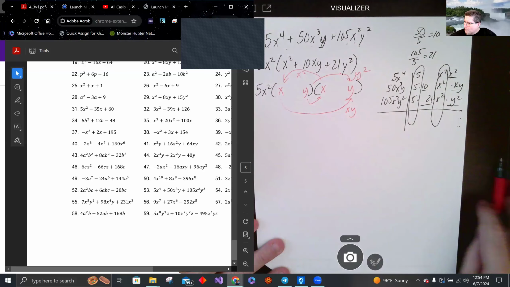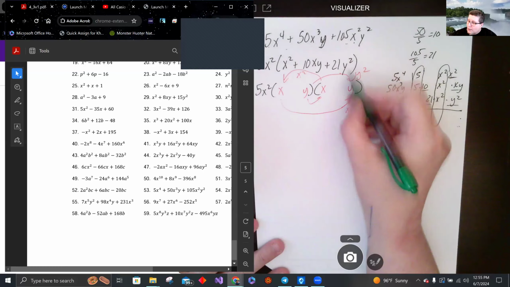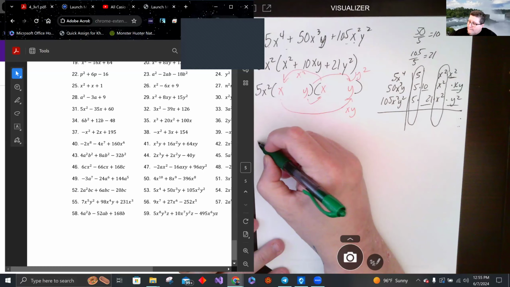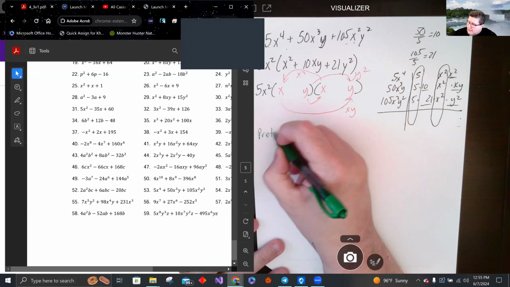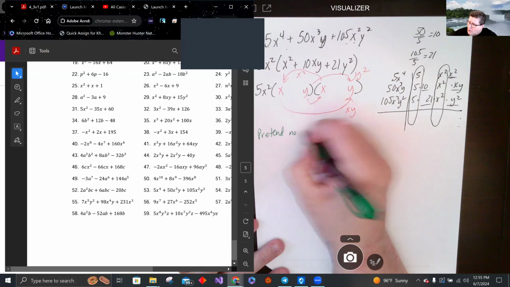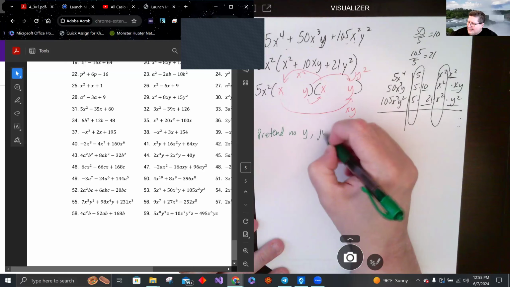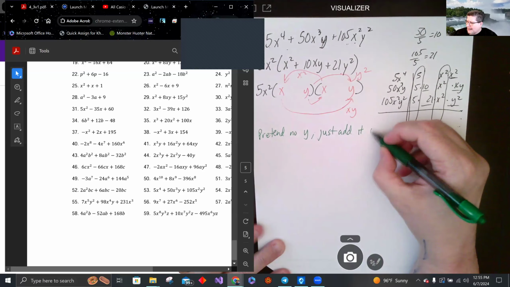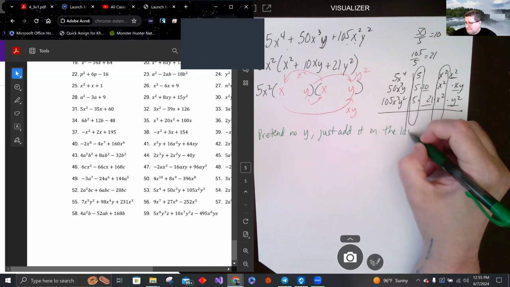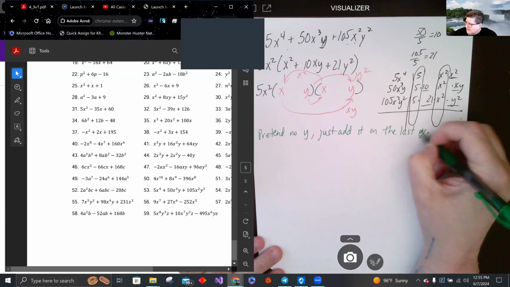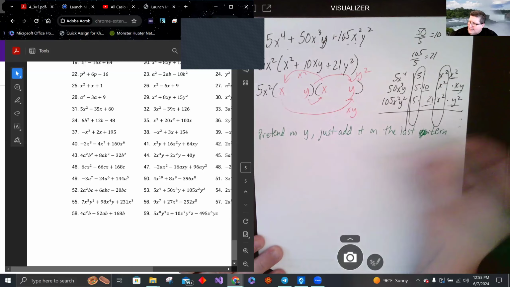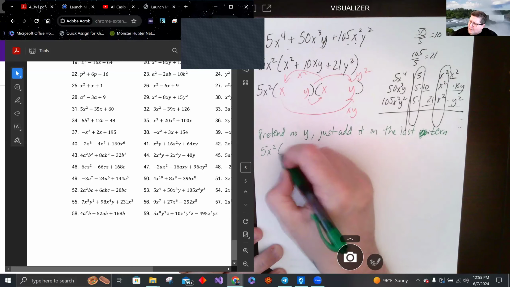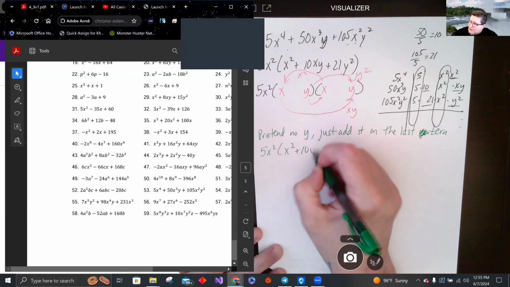For now, pretend there's no y squared. Pretend there's no y. Just add it in as the last term. So I'm going to look at this as 5x squared times x squared plus 10x plus 21.